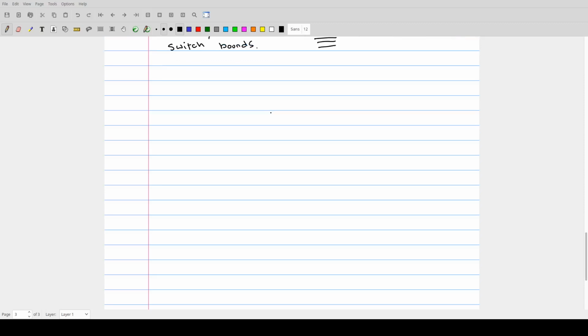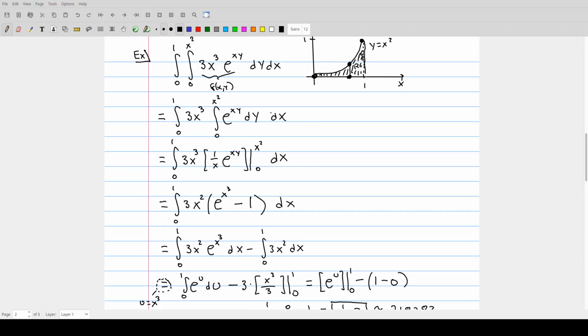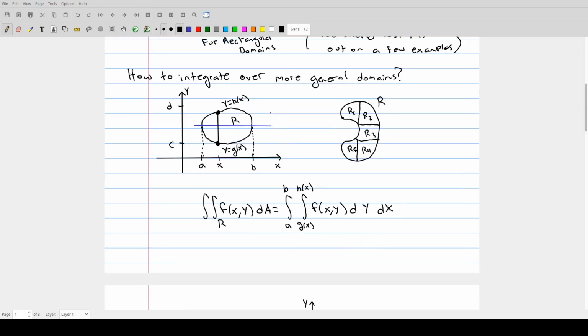So the general idea is going to use the image that we had before of the general domain. So I'm going to just copy this and bring it down and use this same image.